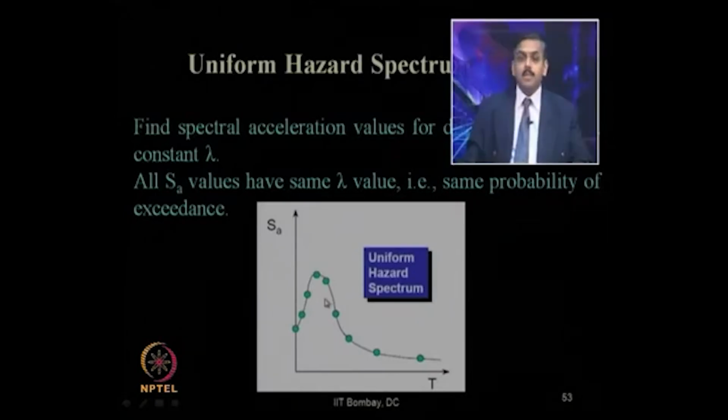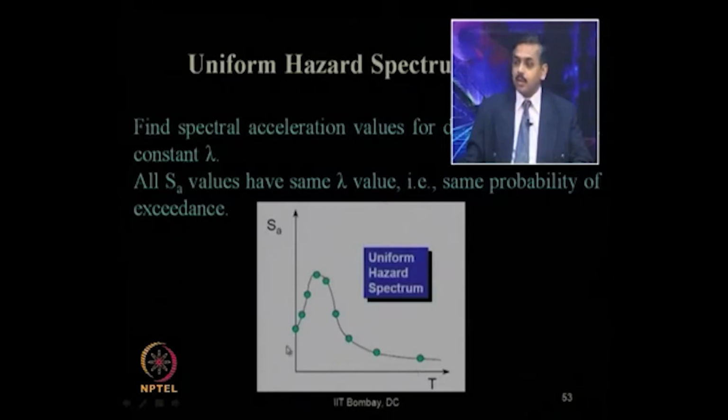Suppose we want to consider 2% probability in 50 years with a return period of 2475 years, we will get one uniform hazard spectrum. If we want to take 10% probability of exceedance in 50 years, that is a return period of 475 years, we will get another uniform hazard spectrum curve.